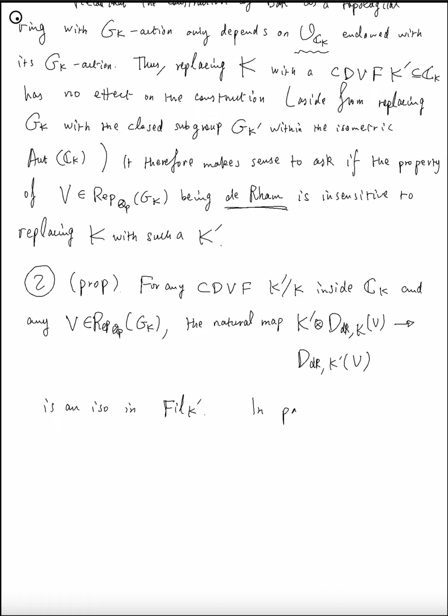In particular, V is de Rham as a G_K representation if and only if it is de Rham as a G_K prime representation.